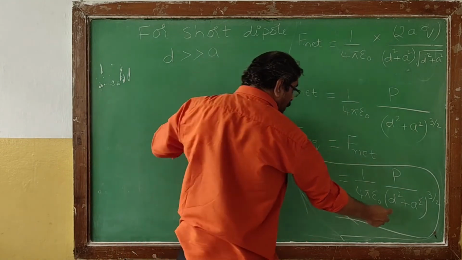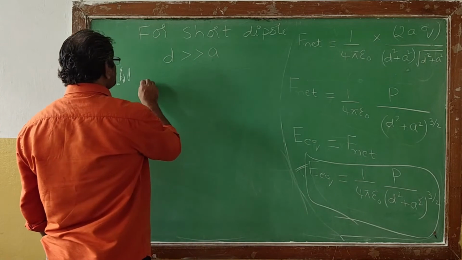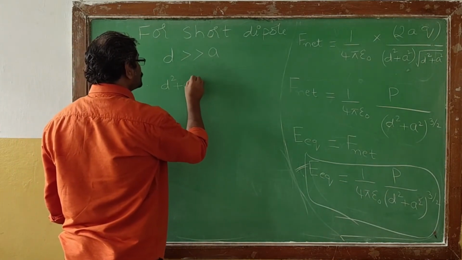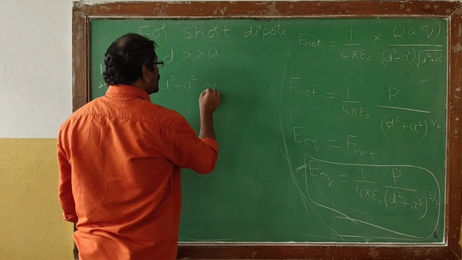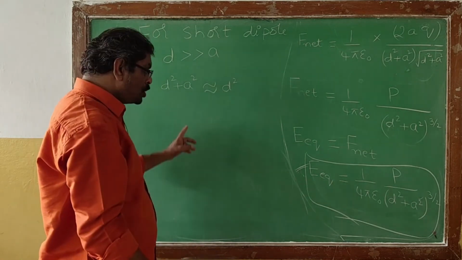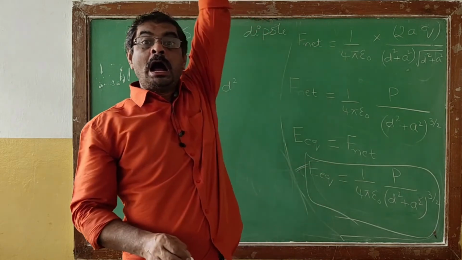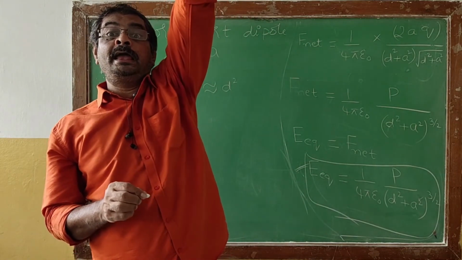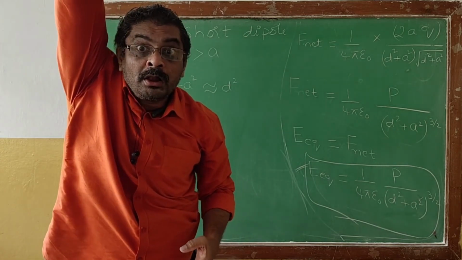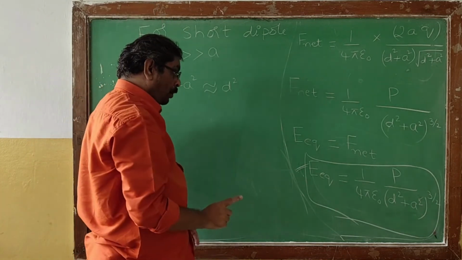That's the reason why the denominator can be written as d square plus a square approximately equal to d square. If I put this in the formula, I get the electric field on the equatorial line due to a shorter dipole.